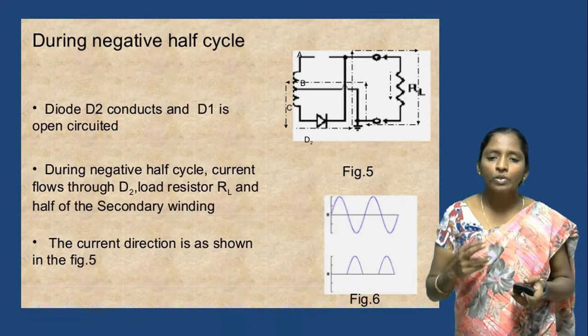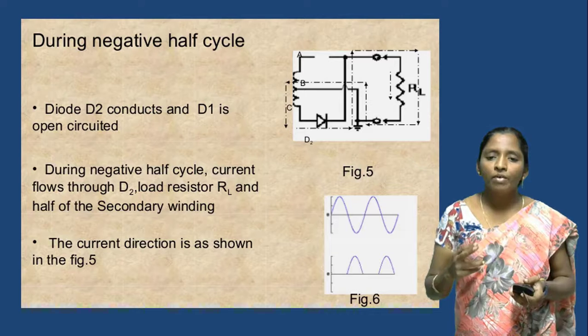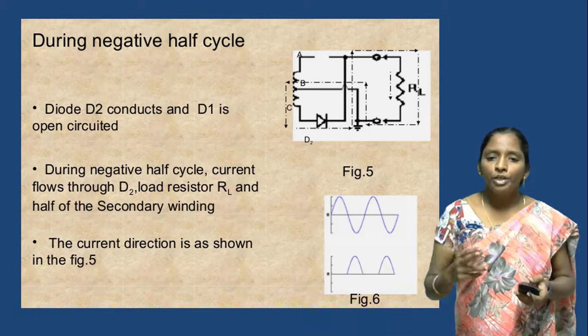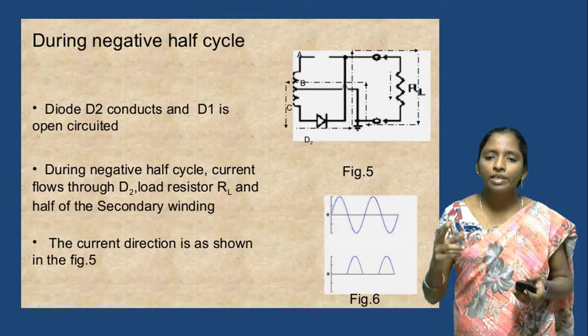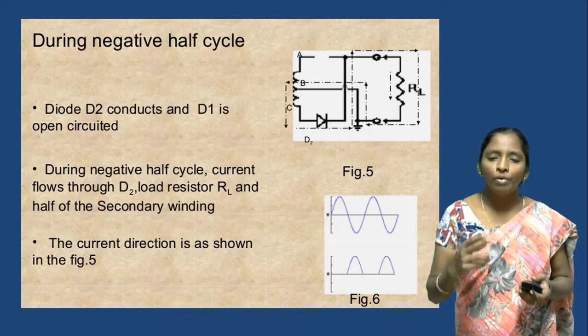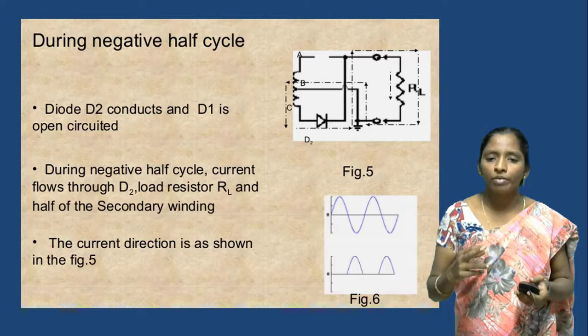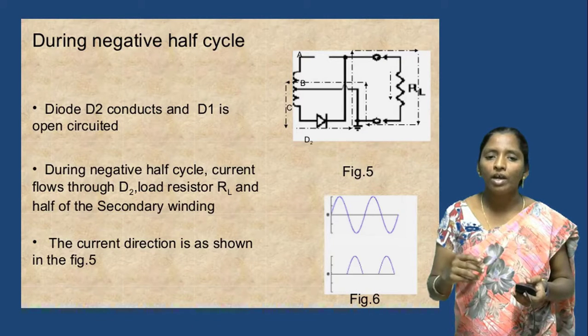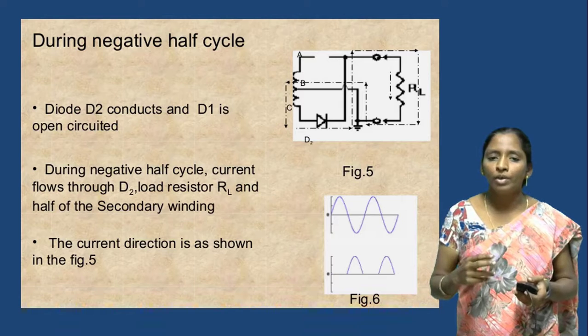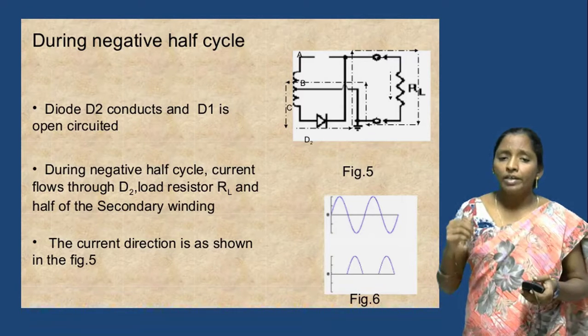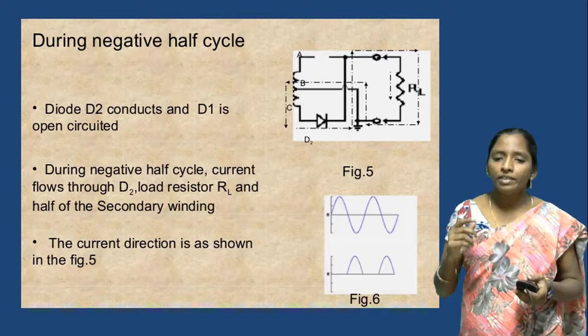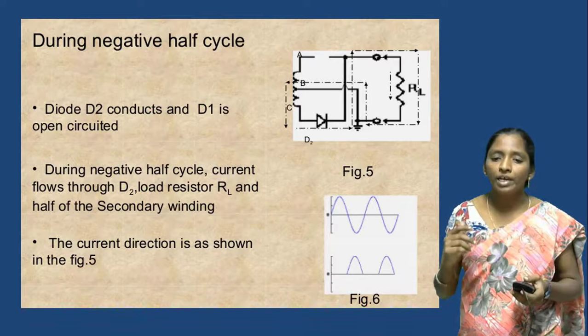So the current flows from D2 to the load resistance, and from the load resistance to the lower half of the secondary transformer. This is the direction of the current flow during the negative half cycle. These are the waveforms of the center tapped transformer during the negative half cycle.